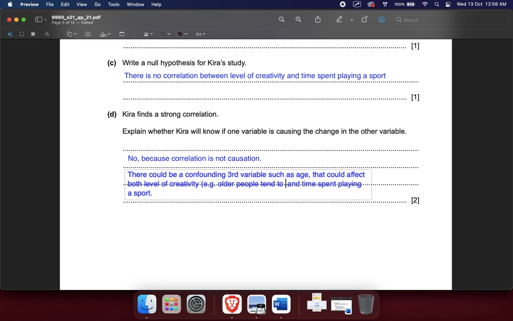Let's think. Older people might experience memory loss, and hence their creativity is reduced. Let's see, what else can we say?